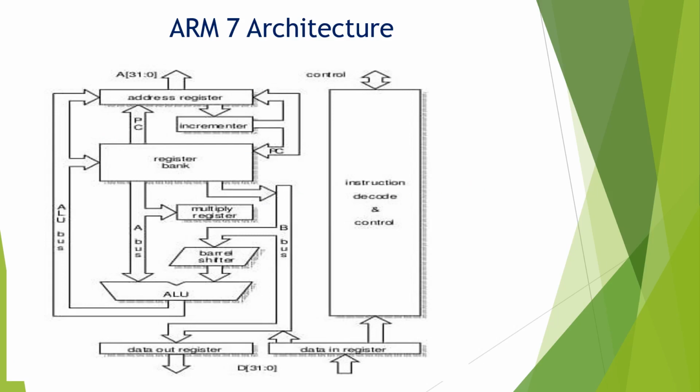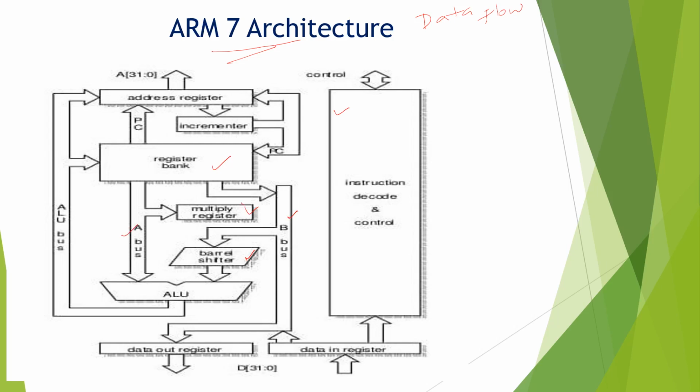And now we can discuss the ARM7 architecture. Here we are going to discuss the data flow model, that is, how the data moves between the different functional units through buses.